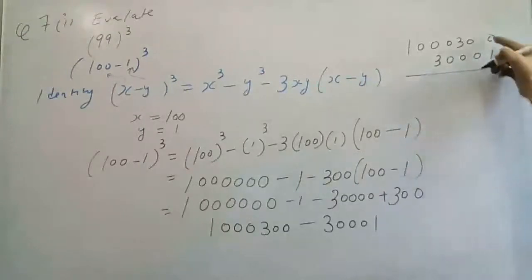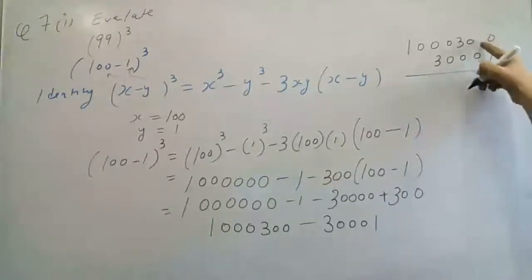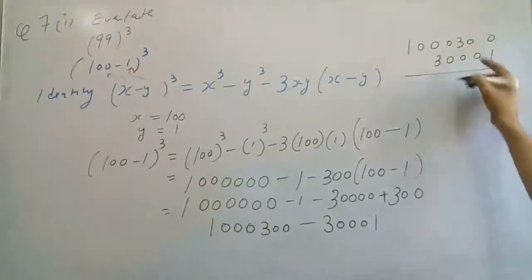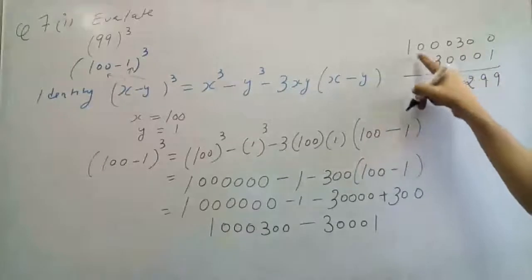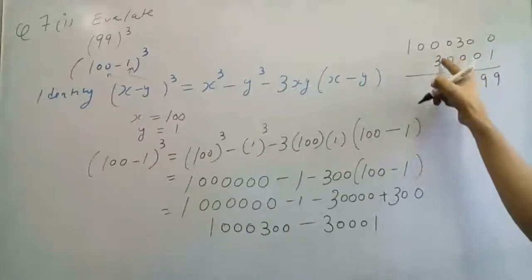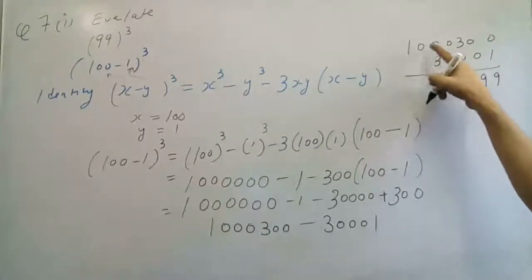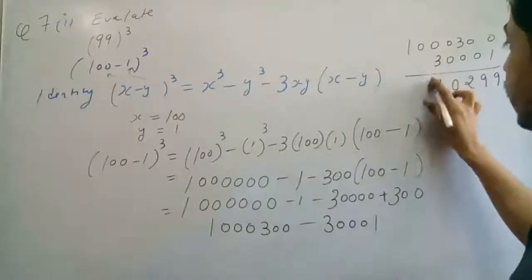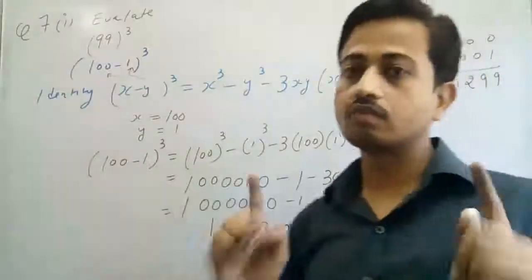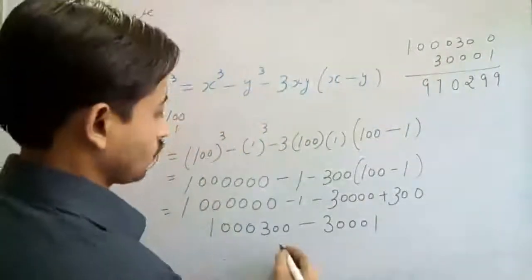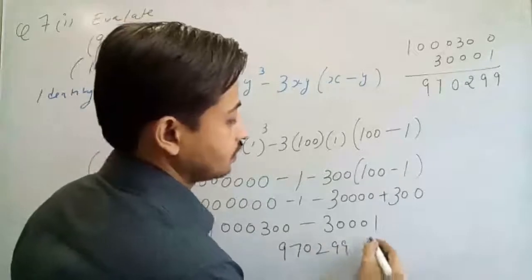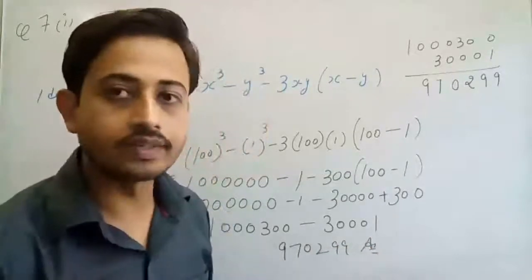Now to subtract: 10 minus 1, 9, and 9 minus 0, 9, 2 minus 0, 2, 0 is as it is, and 10 minus 3 we get 7, and this is 9. So what will we get? We get 970,299. This is the final answer.